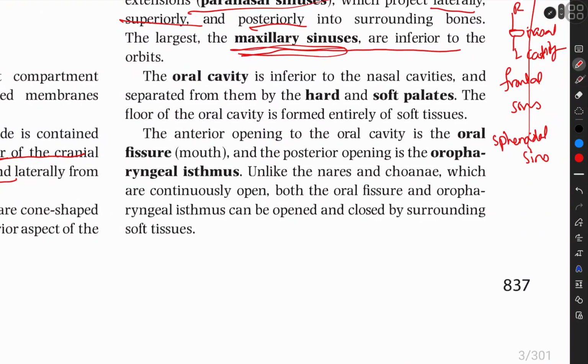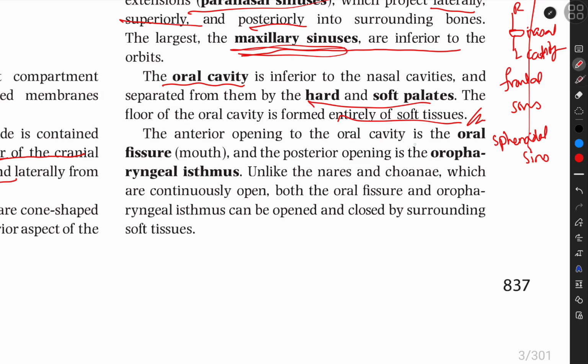It will come later. Oral cavity is inferior to the nasal cavities. Yeah. Whoa, I didn't know this. And separated from them by the hard and soft palates. The floor of the oral cavity is formed entirely of soft tissue. That is, the floor is formed by muscles, but we'll get to this. The anterior opening to the oral cavity is the oral fissure.